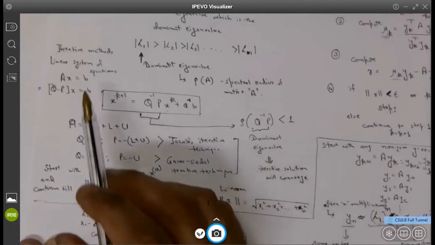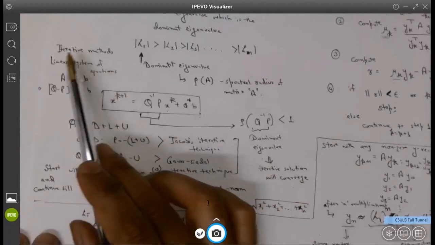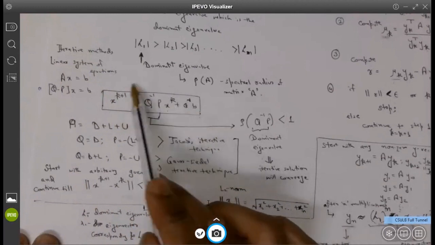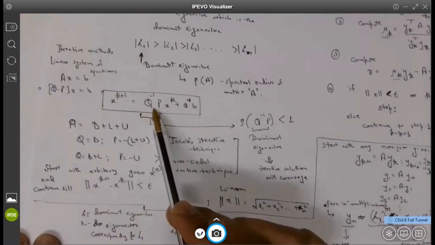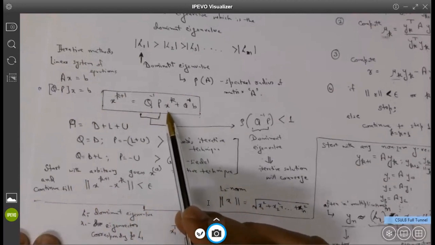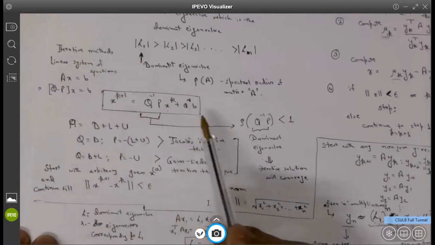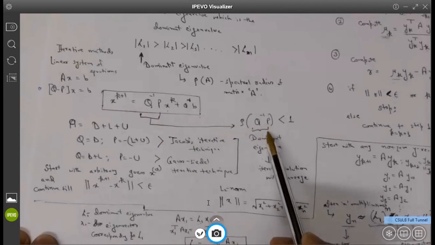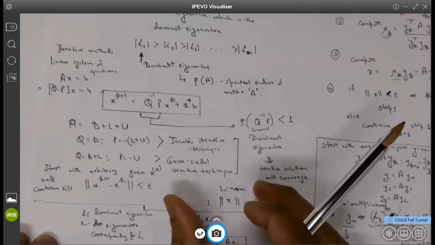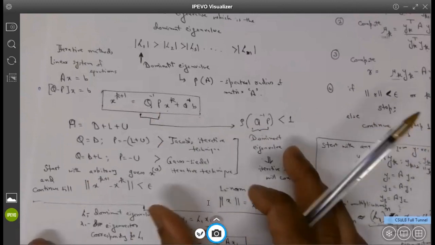I showed you that when we are doing these iterative methods for linear system of equations, the whole stability of the solution method will depend on whether the spectral radius, or the dominant eigenvalue, of these matrices is less than 1 or not. If it is less than 1, then only the convergence will happen, otherwise the convergence will not occur. So if you have to quickly check whether an iterative technique is going to converge or not, you can basically check by this dominant eigenvalue of the matrix. So that is one example of why we actually care for the dominant eigenvalue.